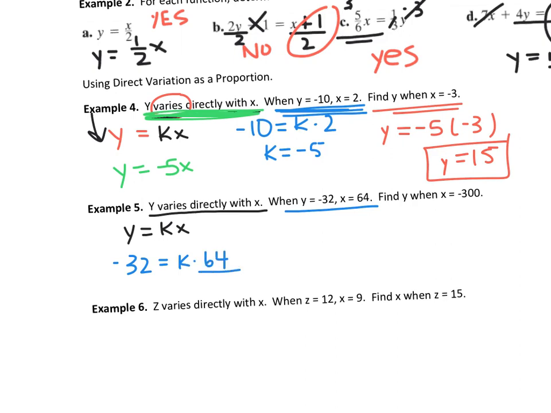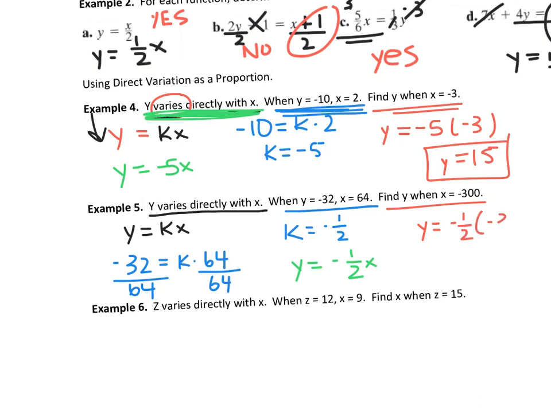So if I divide both sides by 64, k equals negative 1/2. So my equation is going to be y equals negative 1/2 x. Find y when x is negative 300. So y equals negative 1/2 times negative 300, which is 150.